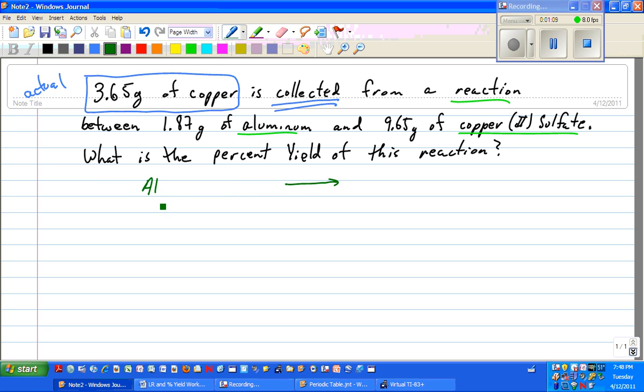I've got aluminum reacting with copper 2 sulfate, and this looks like a single replacement reaction. Aluminum is going to replace copper in copper 2 sulfate. So we would wind up with copper getting kicked out by itself and aluminum sulfate.